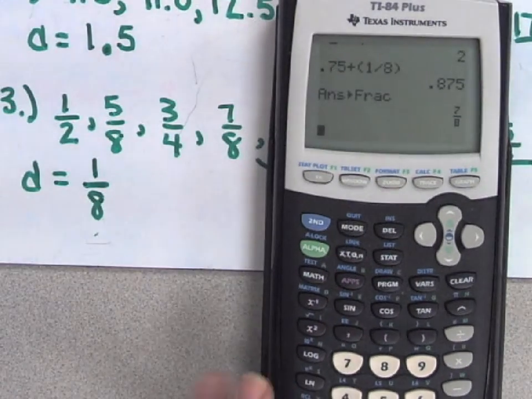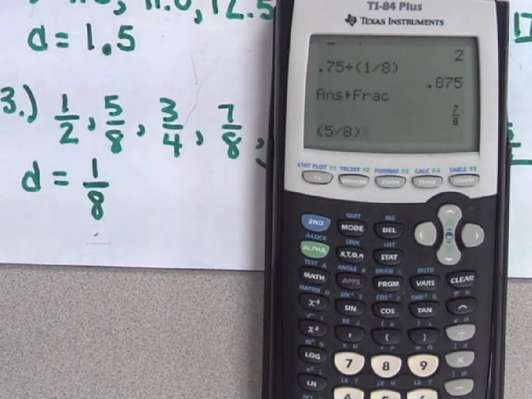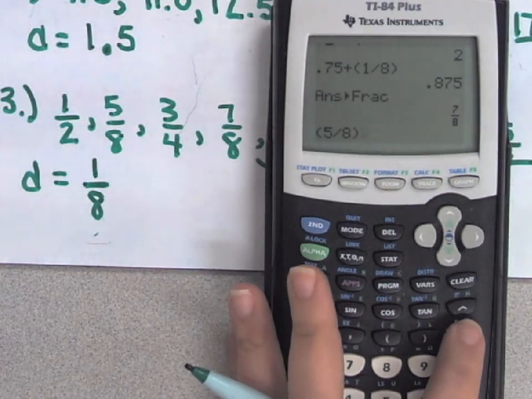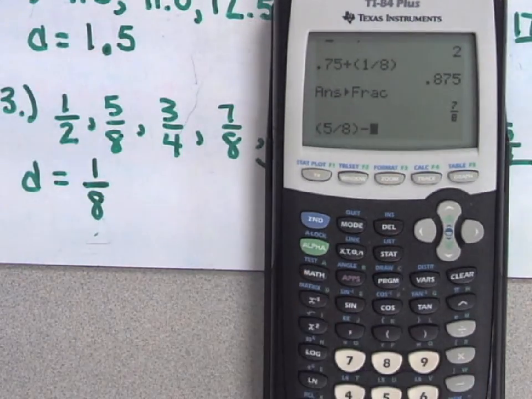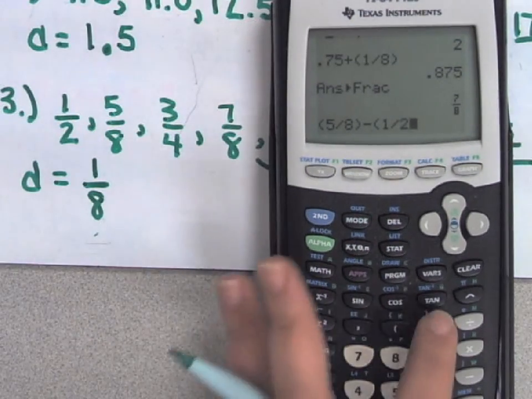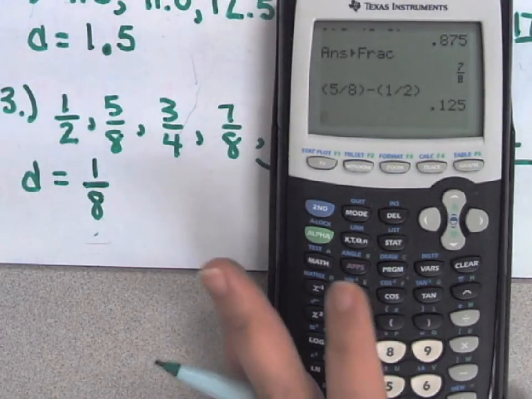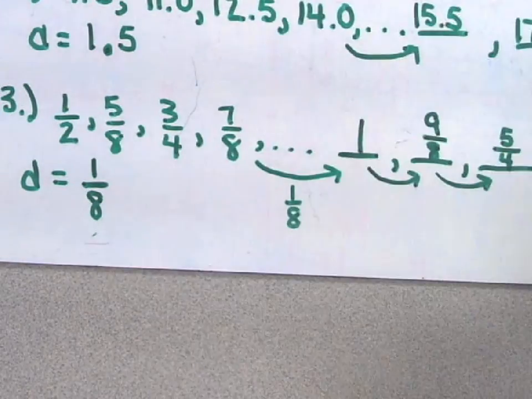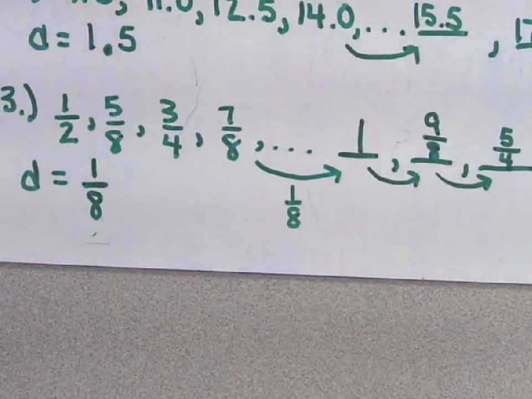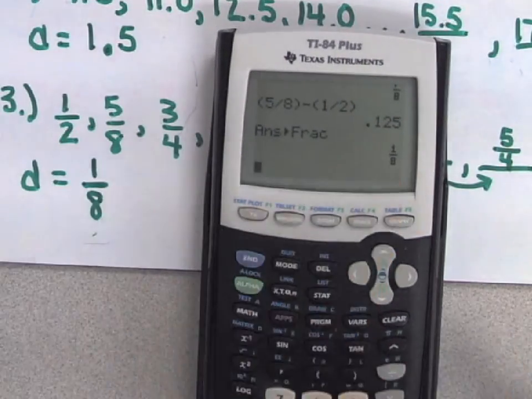I turned her on. 5/8. I just do the division sign. Minus, and then do the other fraction. 1/8, 1/2. Subtracted them. I got a decimal, so then I had to turn it into a fraction. Yours is different than mine, so I'm not going to show you so you don't get confused. And then it says 1/8 right there.